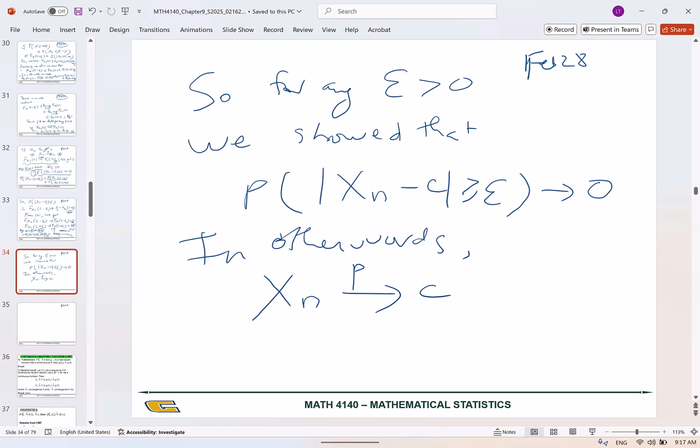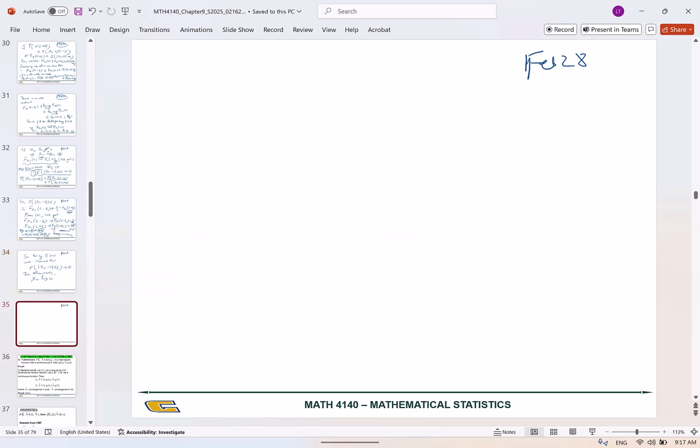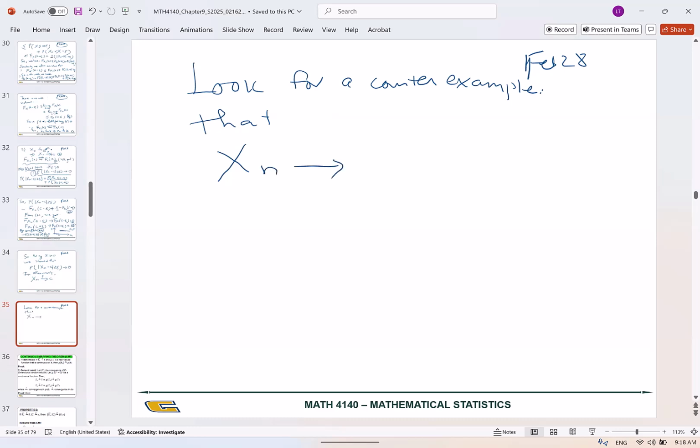So maybe your job is to just look for a counterexample. I may give this problem in a test. A counterexample where xn converges to X, where X here is not a constant c, just a random variable.